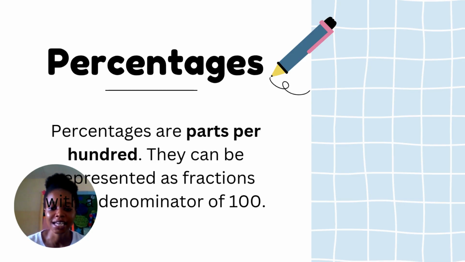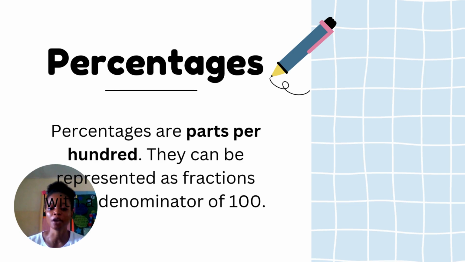They can be represented as fractions with a denominator of 100. Like I said earlier, they are essentially fractions and the whole is 100. So we have various parts in that whole, like 20, 30.